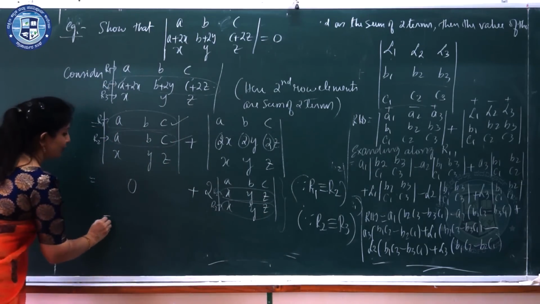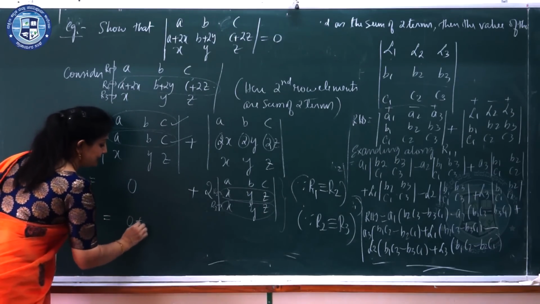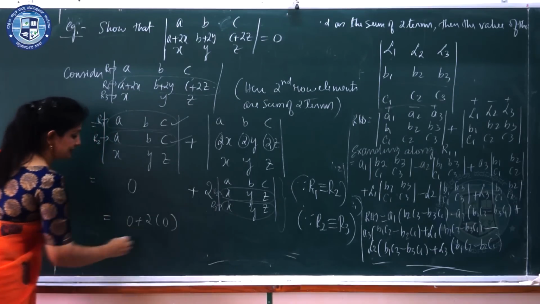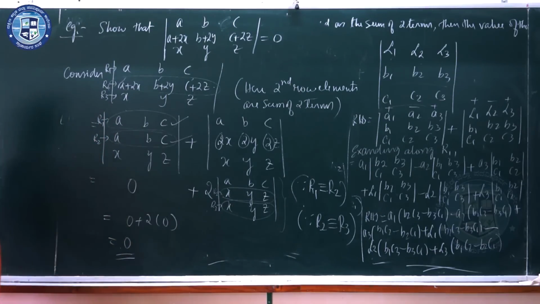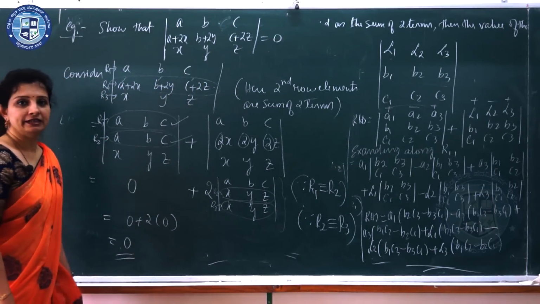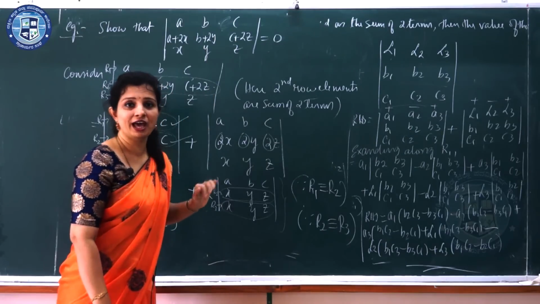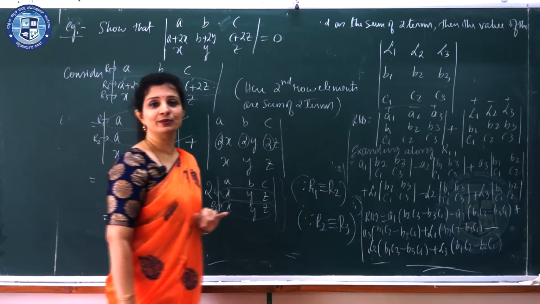So we get 0 plus 2 into 0 again, which is 0. So the given determinant is 0. By applying the properties, we have proved the given determinant is 0.